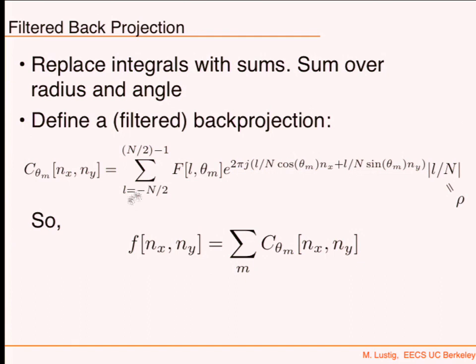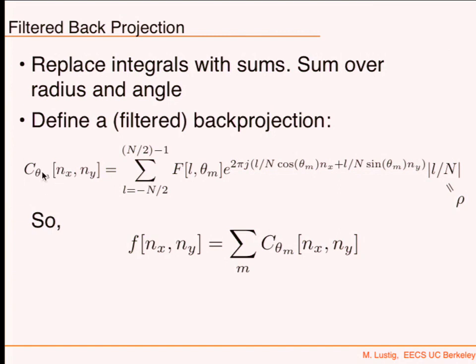I'm applying this weighting in the frequency domain, which in the space domain corresponds to some convolution, filtering, or a circular convolution in this case. Does this make sense? Weighting in the frequency domain corresponds to a circular convolution in the space domain, but here I'm only going to sum over the radius. I'm not going to sum over the angles.